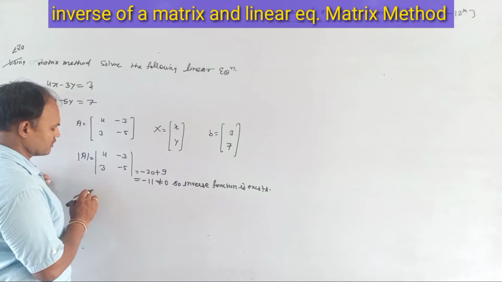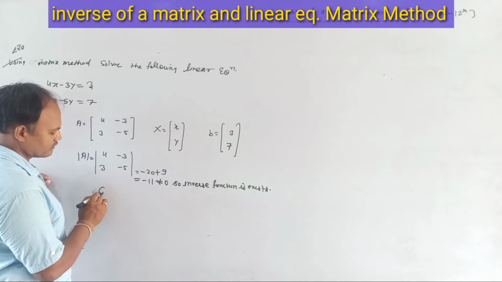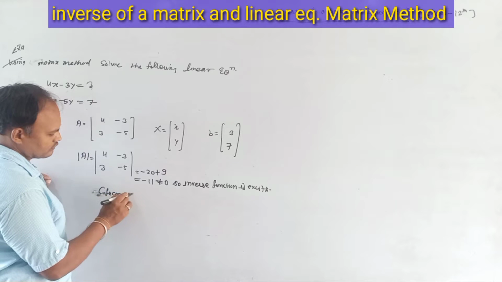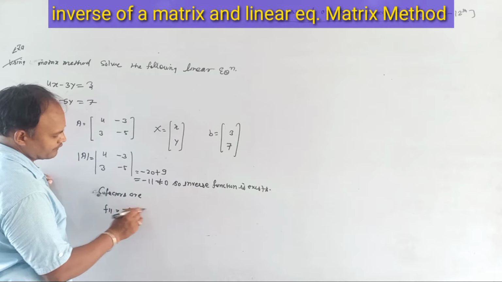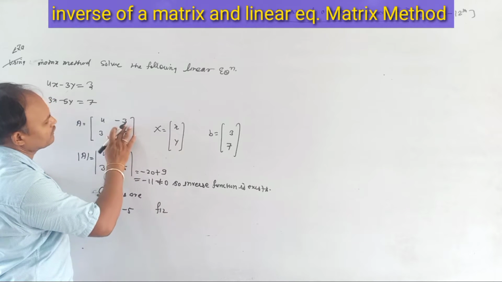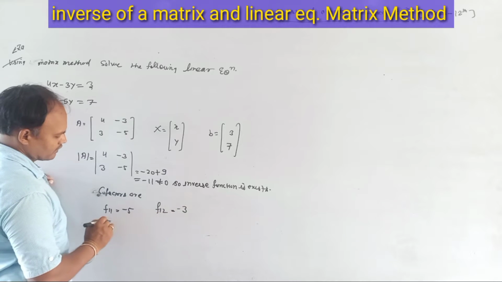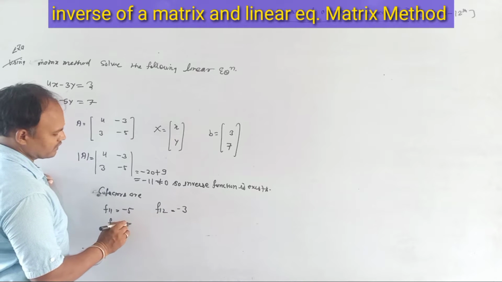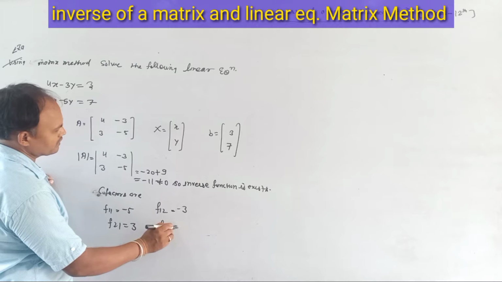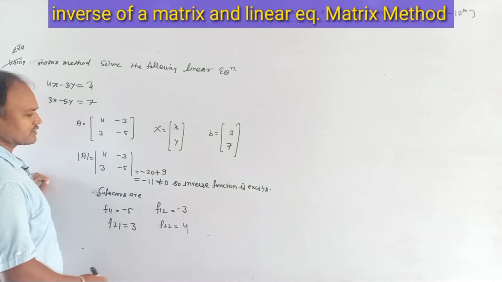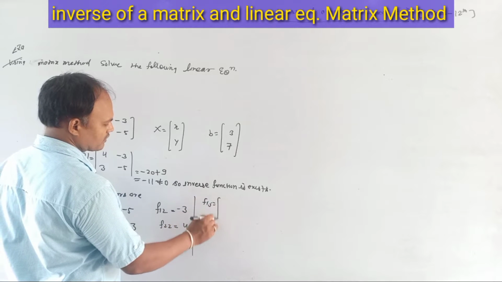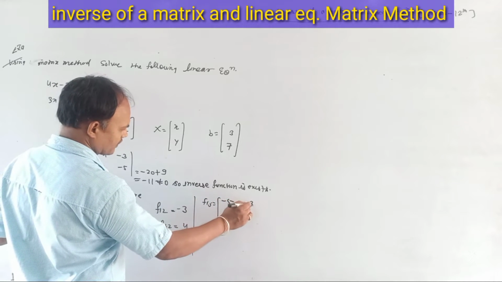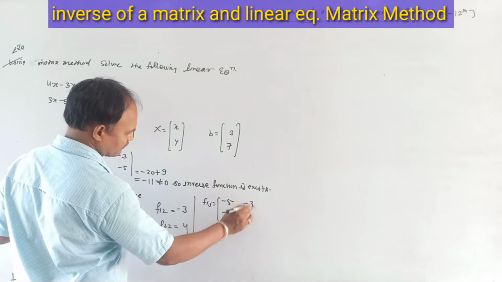So what about the cofactors? Now we are going to find the cofactors. F11 is minus 5, F12 is minus 3, F21 is 3, F22 is 4. So these are the cofactors. Now adjoint of A equals the transpose of the cofactor matrix minus 5, minus 3, 3, 4.